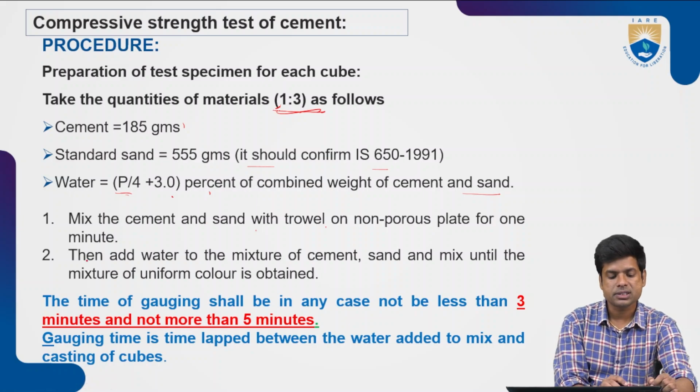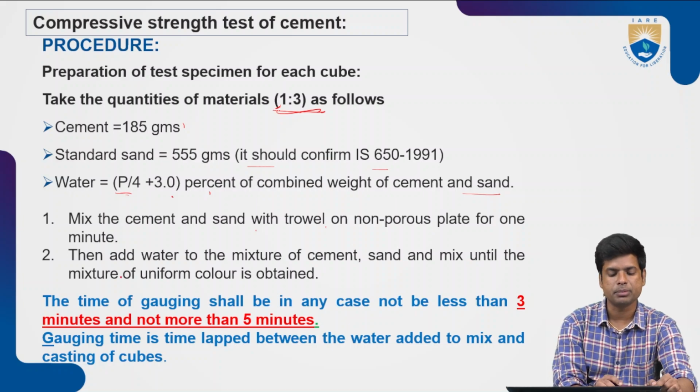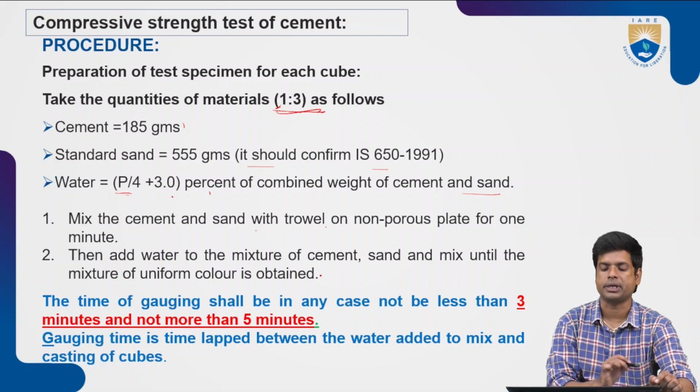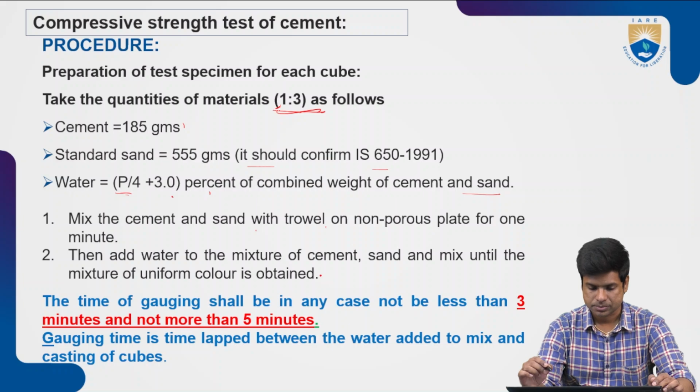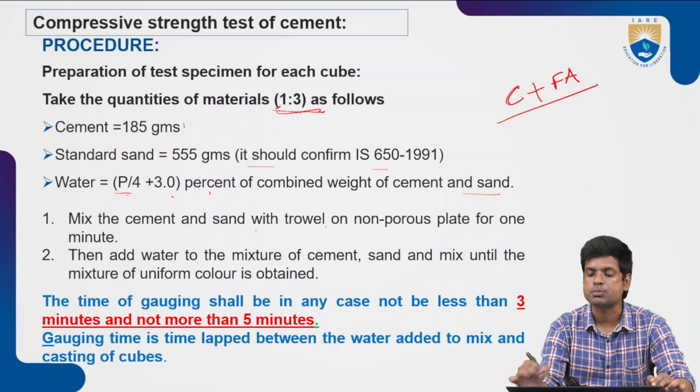Then add water to the mixture of cement and sand and mix until a mixture of uniform color is obtained. First we mix the cement and fine aggregate, or sand, on a non-porous plate in a dry condition.